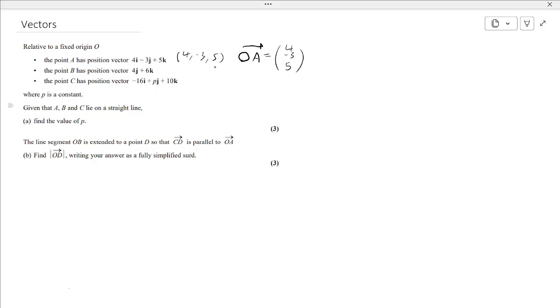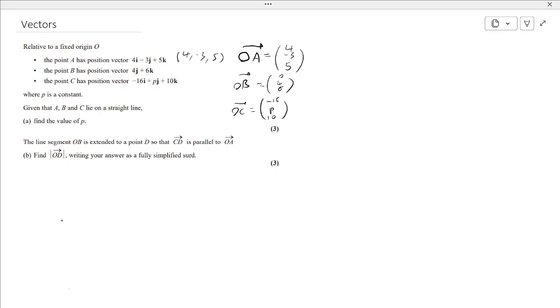So OA is this column vector. OB similarly, 0i plus 4j plus 6k. And then OC is negative 16, p and 10. Okay, so position vector is just putting the coordinates into a vector. It's telling you how to get from the origin to that point.